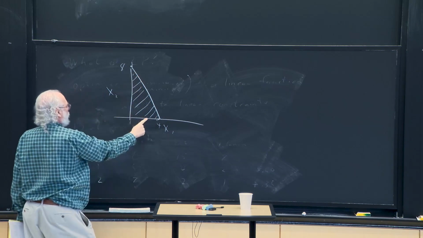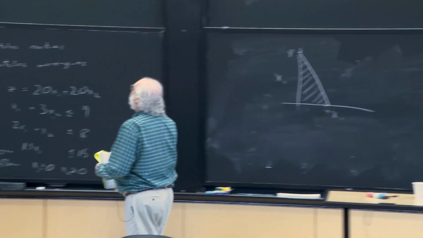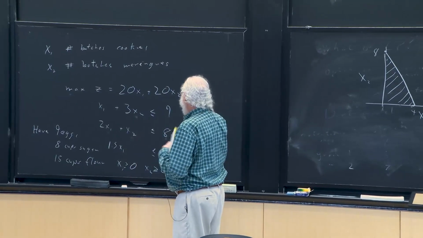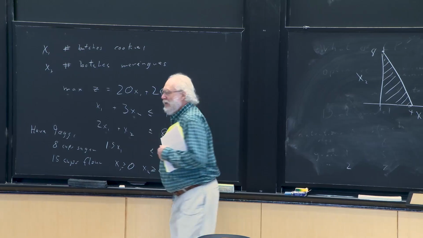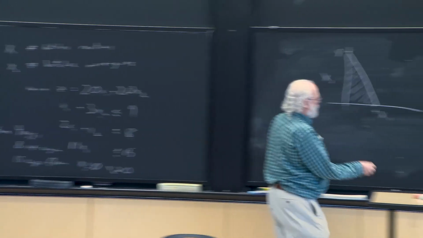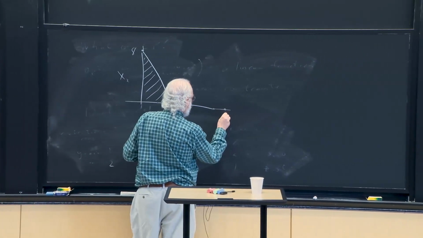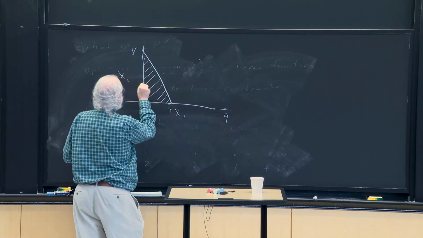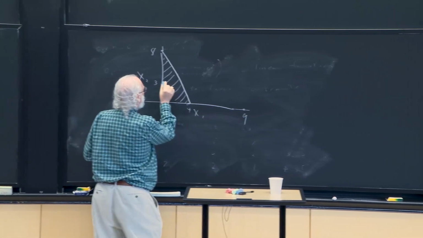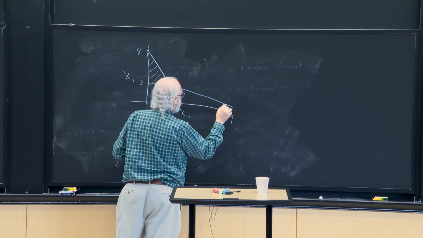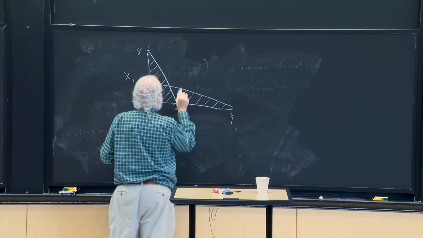So that's our first constraint. Second constraint is x1 plus 3x2 is less than or equal to 9. So now let's put 9 here, 3 here, and our second constraint will be everything under this.